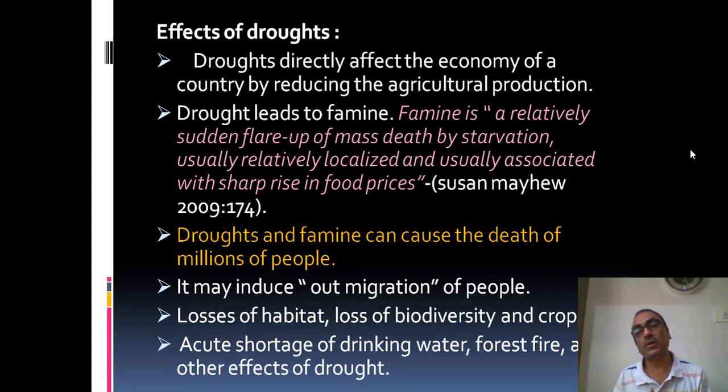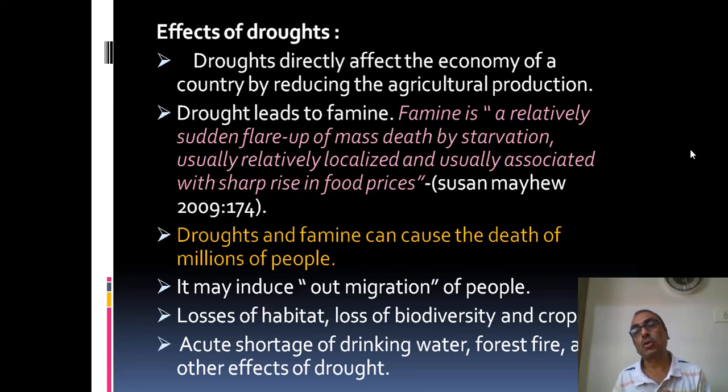And this happens because the lakes and rivers are drying out because of the drought, because of the high temperature. There are no rains, and people have to walk long distances in search of the water, and that is how the drought affects the human life.